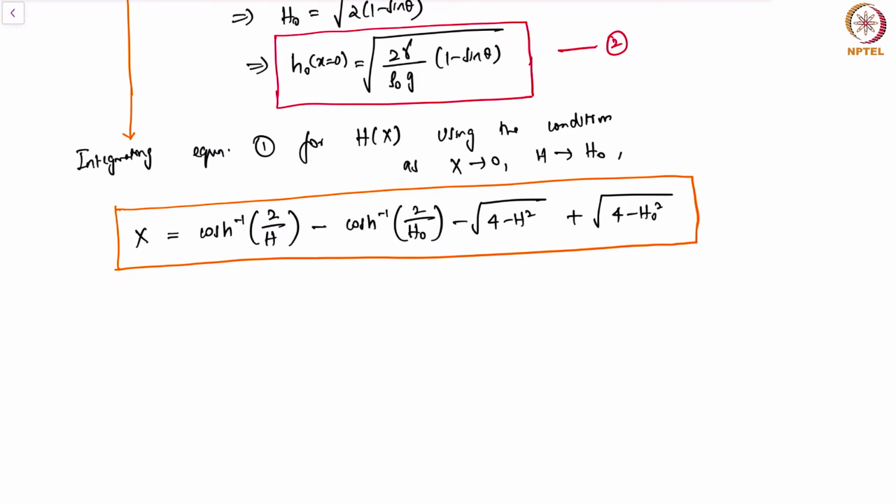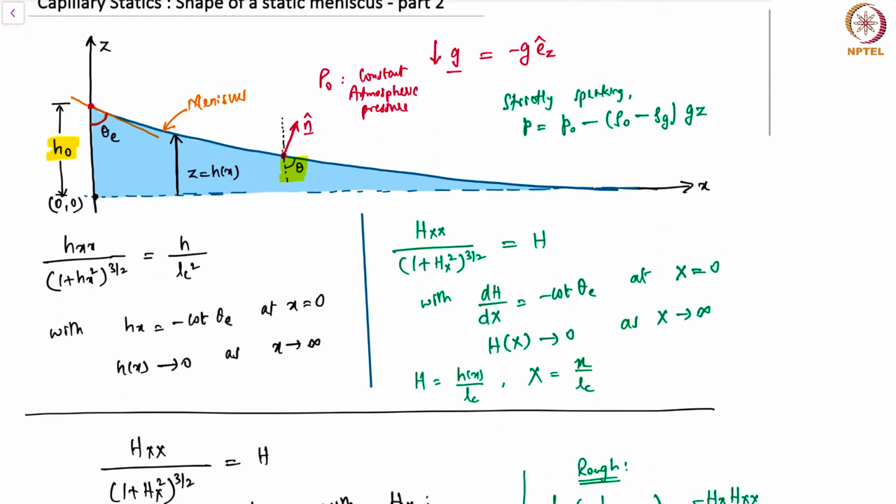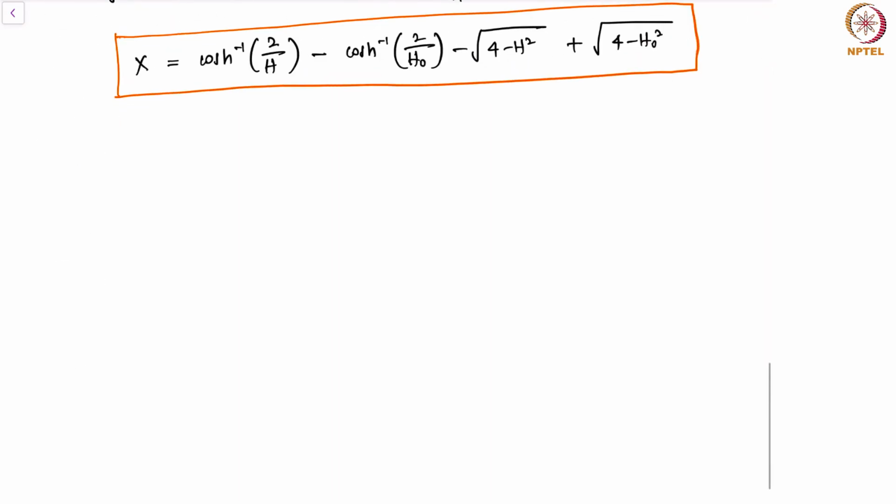Okay. Now, what we want to do is to compare this with a simplified solution. So let's first linearize this equation. Now, how do we do this? There are a couple of things to understand. If you look at the equation, the boundary condition at x equal to 0 says that the slope hx is minus cot theta e, right? So let's write down this equation again.